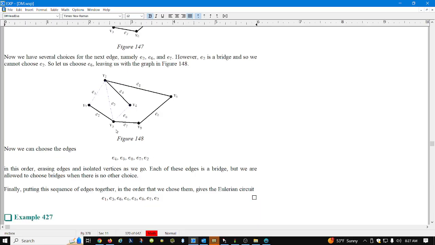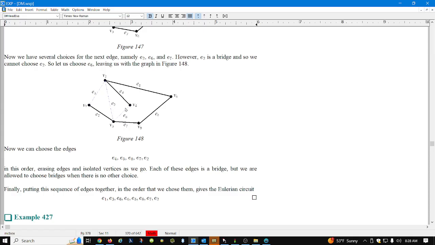Now we are sitting at V4. I could pull out E4, and that is going to disconnect. It's the only choice I have. It's the only edge left connected to V4. It is a bridge. It will disconnect.